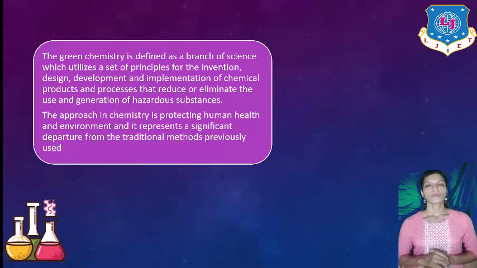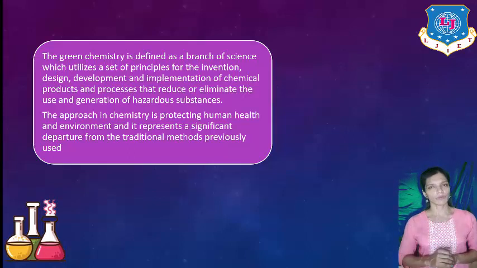So it is the branch of chemistry in which we provide solutions for the disadvantages caused by chemicals. This is the actual motto behind the innovation of the branch known as green chemistry.